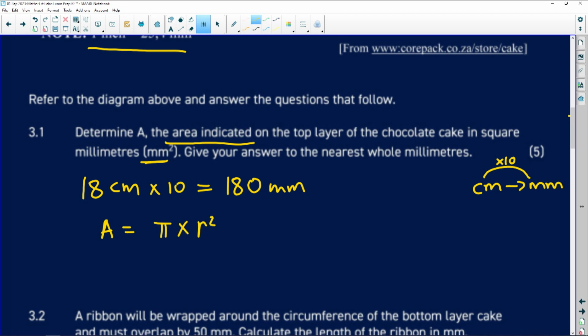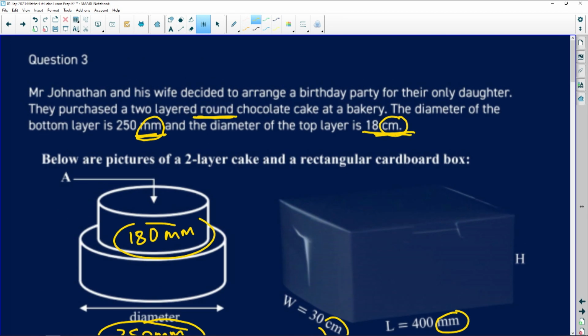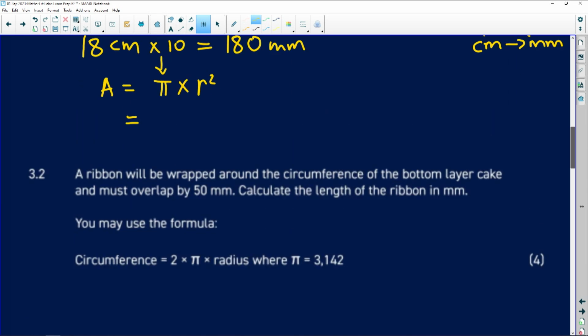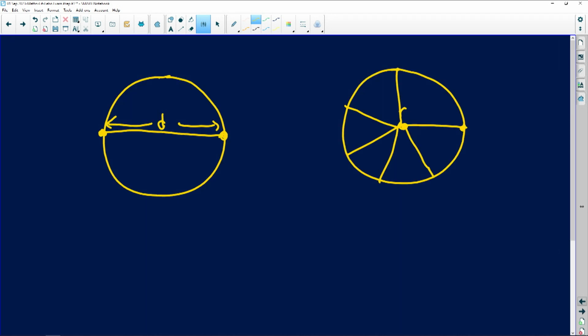Okay? It's important for me to know whether I am given the value of the radius or not. So am I given the value of the radius there? No, I am not. If I am not given the value of the radius, I don't guess the value of the radius. I use the radius on my calculator exactly as it is. So let's go see. Pi times, there we go again. So it's 180 millimeters.